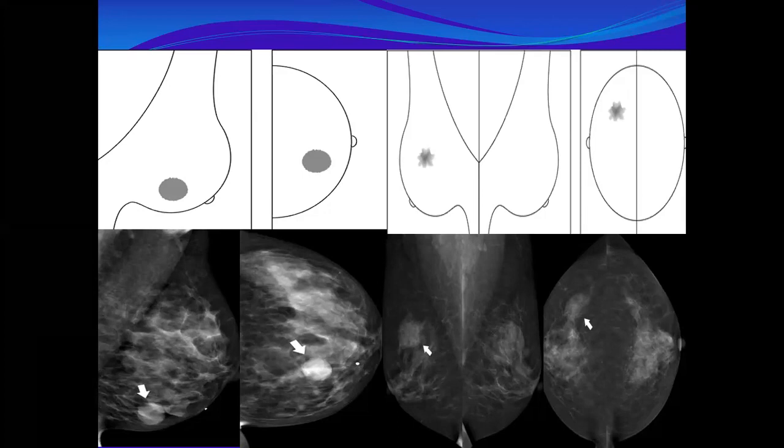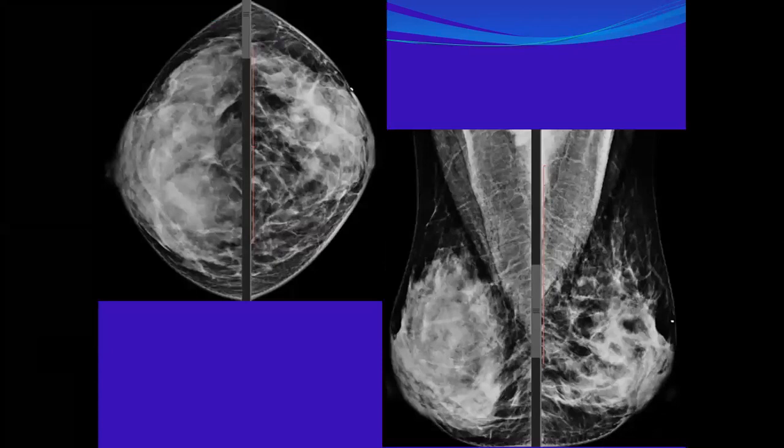Okay, what about this? Sarah, since you are there, tell me about this case. At the right breast, the whole right breast, there is a global asymmetry. Excellent, well done. I can see it in both the CC views and the MLO.